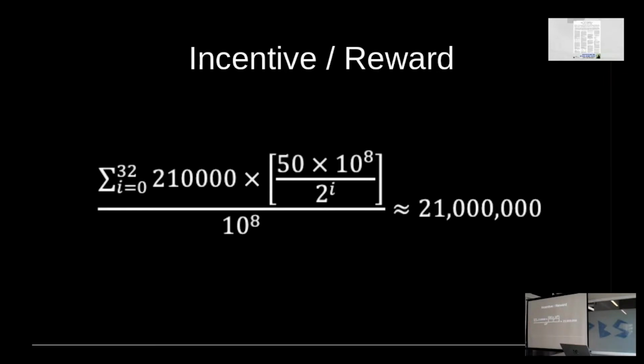So you start out where you have these epochs. Every time you do this equation and i changes, you have a new epoch. And so in the first epoch, when i equals 0, you get to print 2 million coins, I believe. Or might be more. But you can only print like 50 coins at a time.